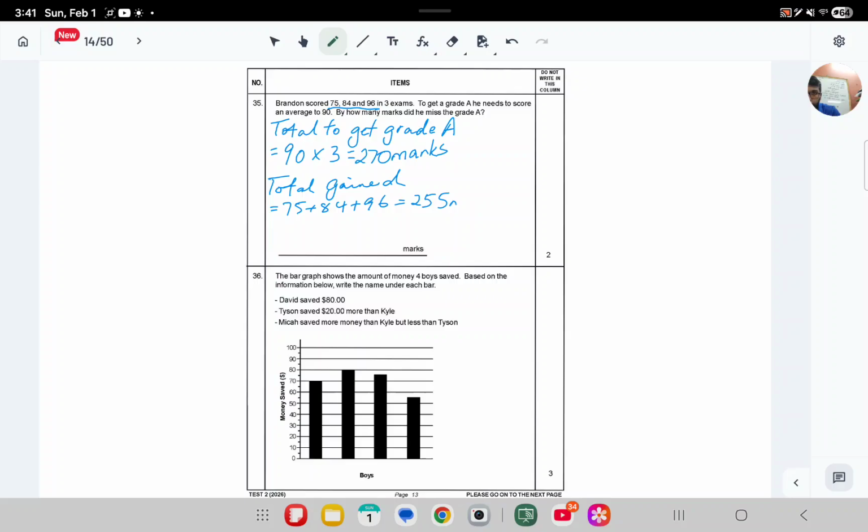Alright, so he gained 255 marks. So to find out the marks needed, it would be the 270, take away the 255, and that will leave us with 15. So he missed it by 15 marks.